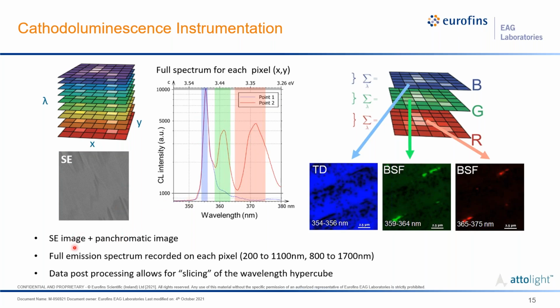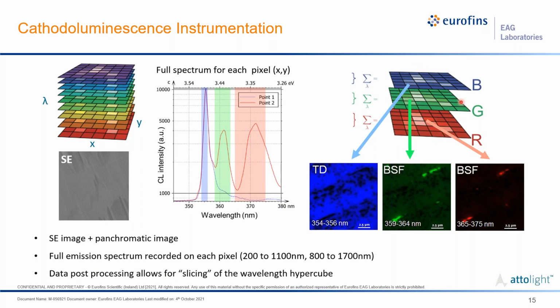This gives us a secondary electron image, a panchromatic image, so all the light intensity changing map, and then each emission spectrum is recorded at each pixel, and we can change the wavelengths based on the grating we use. This gives us a data set where we can do post-processing, essentially digital notch filtering, right?